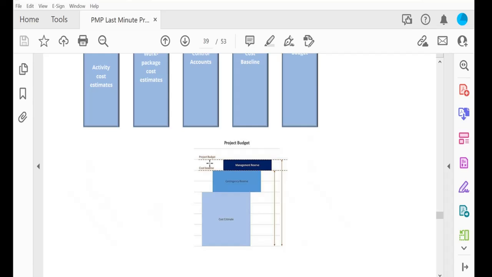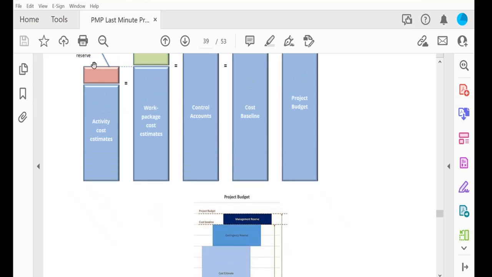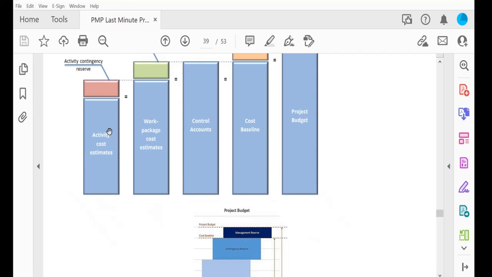Is he guided by the PMI rules or not? He's not, because this is a known risk. We already added some contingency reserve for each of the activities because of the risk, right? So we do not need to add money again.